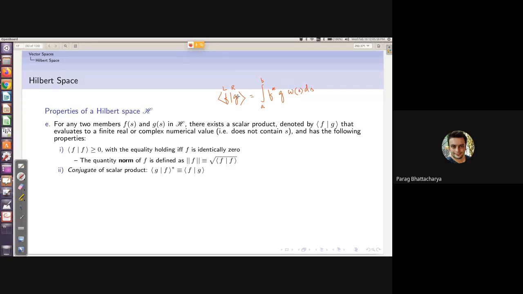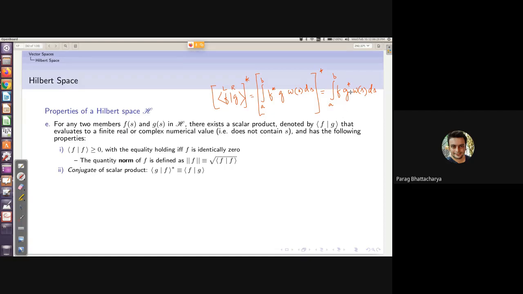Now if I take the conjugate of this entire thing, this will be the integral from A to B of F conjugate conjugated, giving F, and then G conjugate, W, which is a real function, so it remains unchanged.